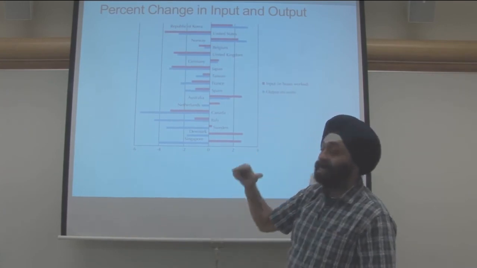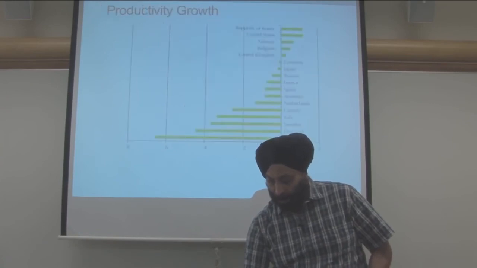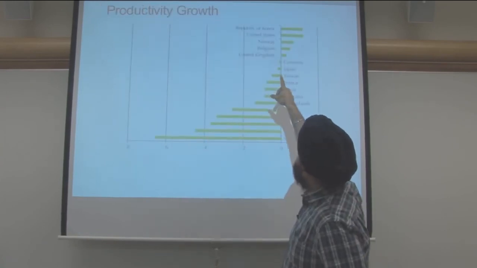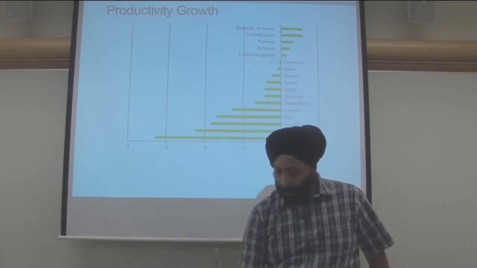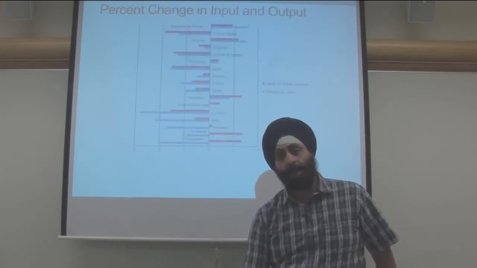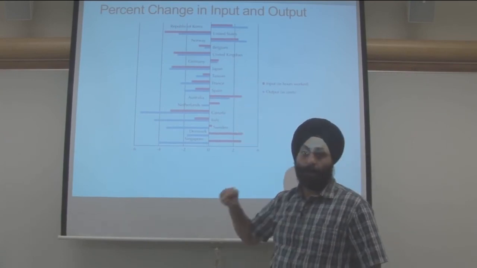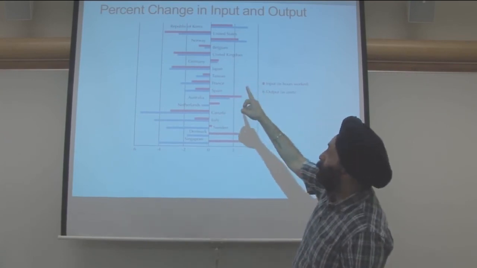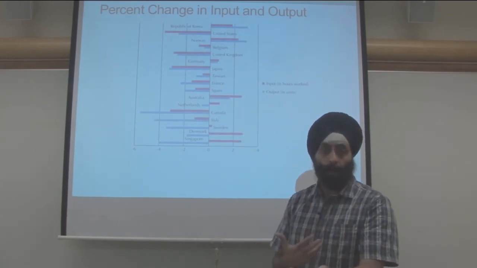Whereas in the case of the United States, it is listed at the same amount of productivity growth, but it was achieved in a different way, which is by reducing both their outputs and inputs. Their outputs actually reduced, but their inputs reduced by a lot more.